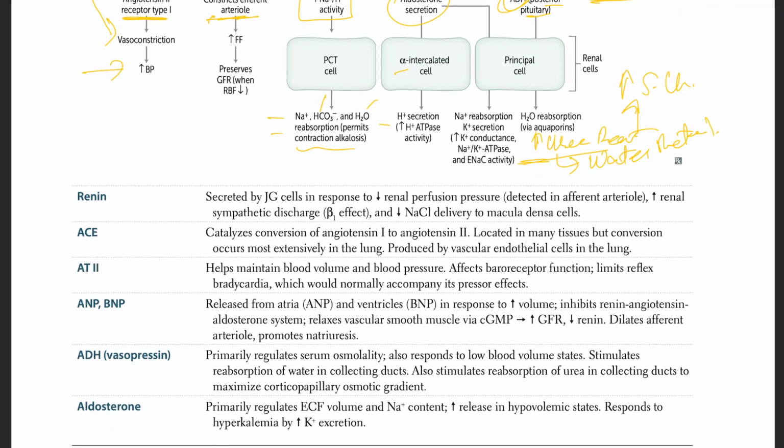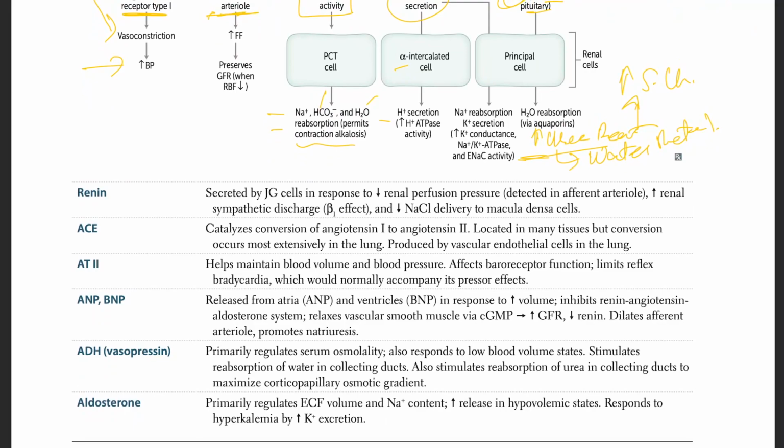Okay, so now what are the effects? We talked about all of this, but what are we really getting to? When you are increasing hydrogen ATPase activity causing hydrogen secretion, you're basically causing secretion of hydrogen into the urine. So hydrogen excretion causes metabolic alkalosis, because the acid is going out.